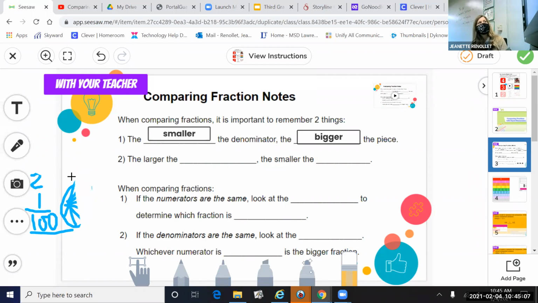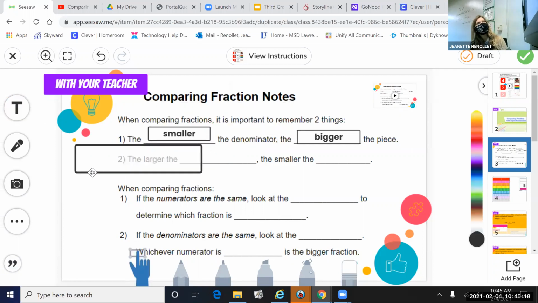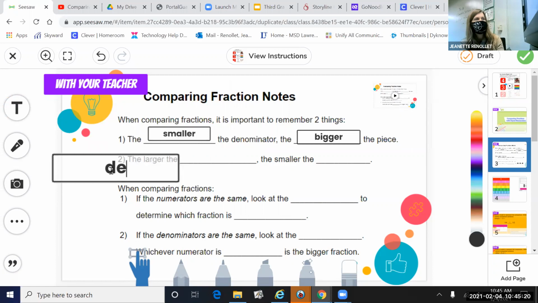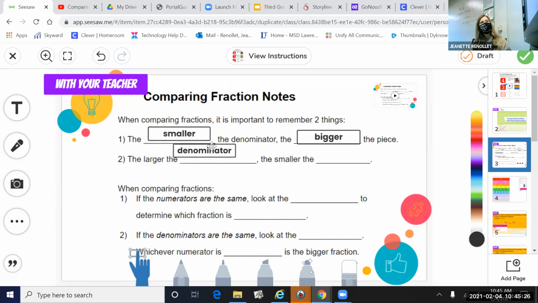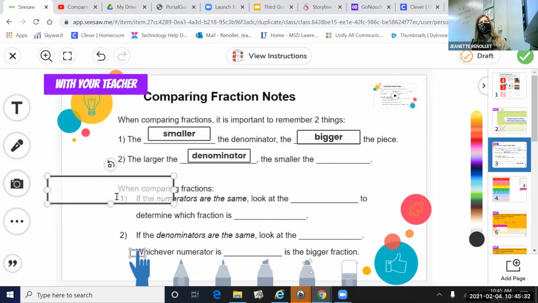Number 2 says, the larger the blank, the smaller the blank. The larger the denominator, the smaller the piece. First one is denominator, second one is piece.